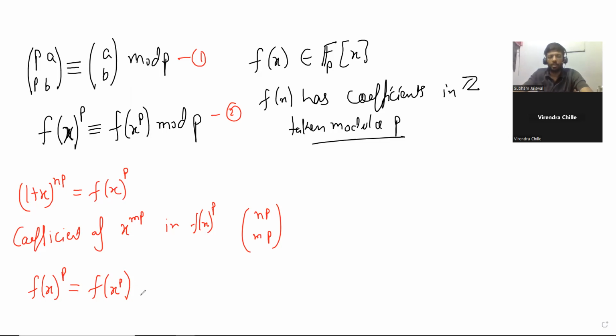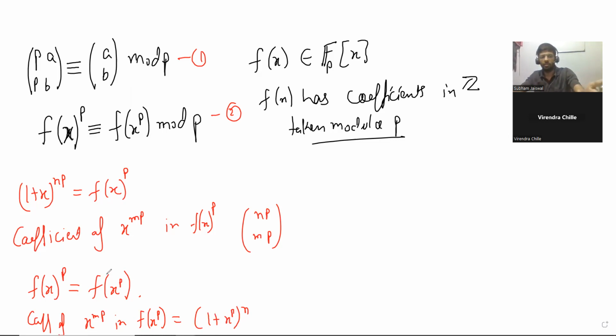So now what is the coefficient of x to the mp in this? I'm asking the same question: what's the coefficient of x to the mp in the same polynomial?